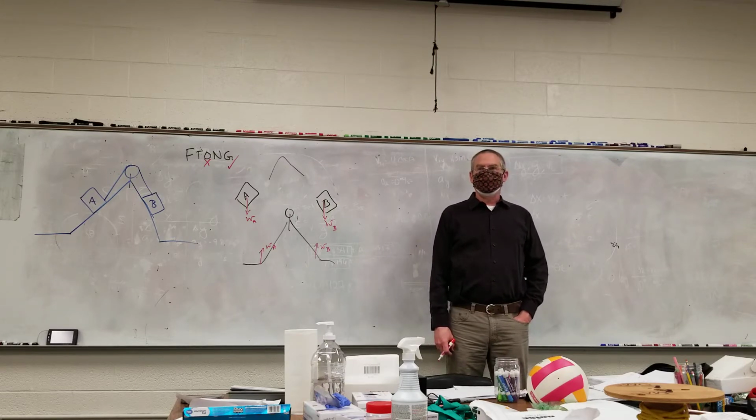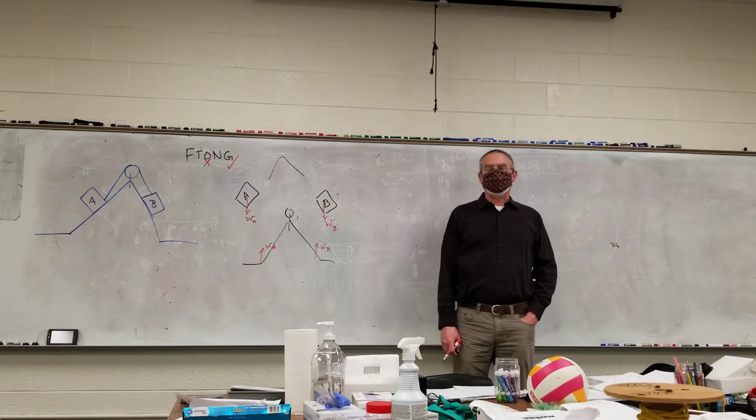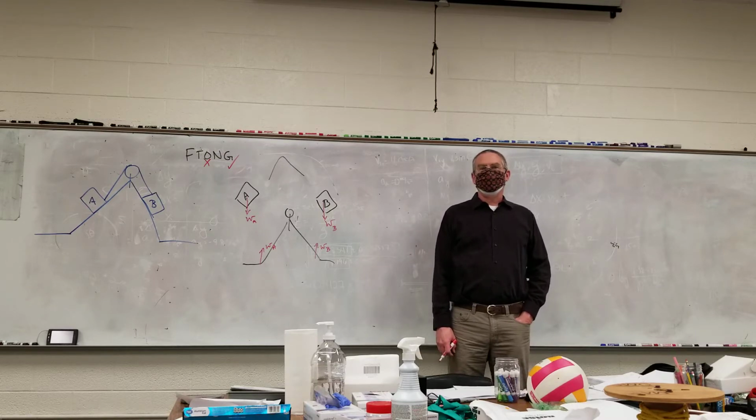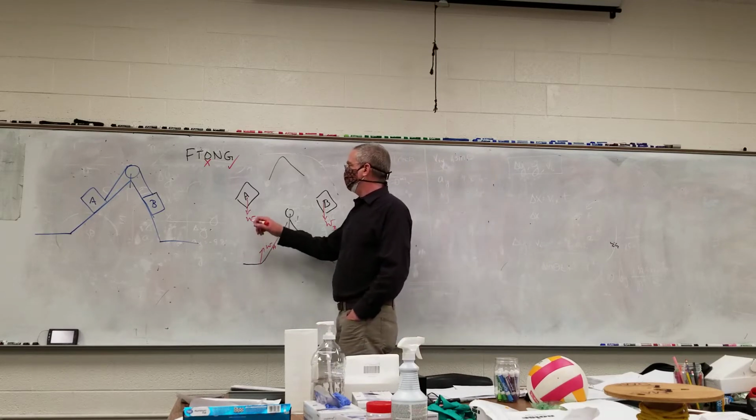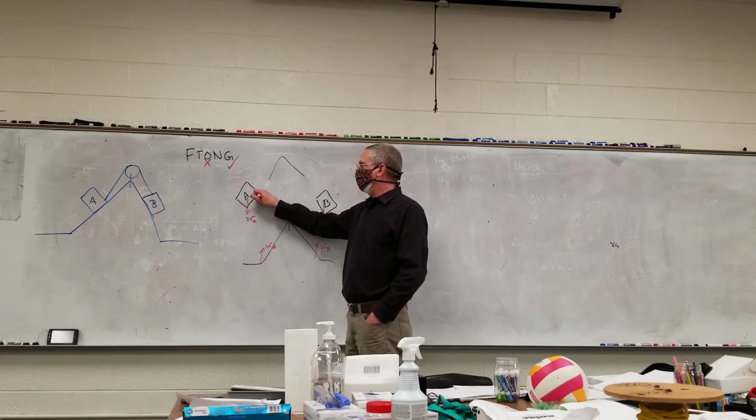Tension. Okay, acting which way? On what? Between box A and the string. Okay, so which way am I drawing it on A? So on A, it should be from the string towards A, and then on A it should be from the box pointing towards the string.